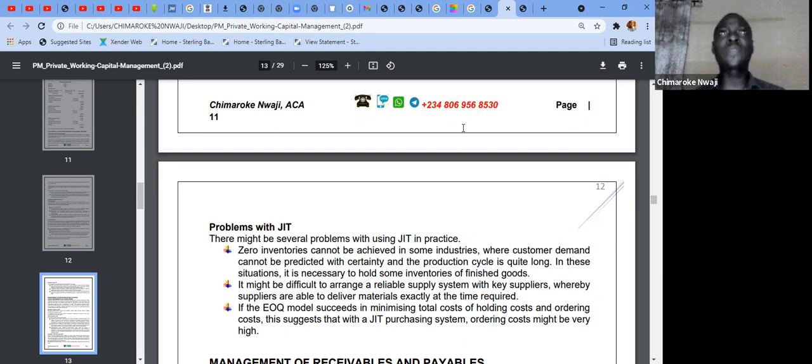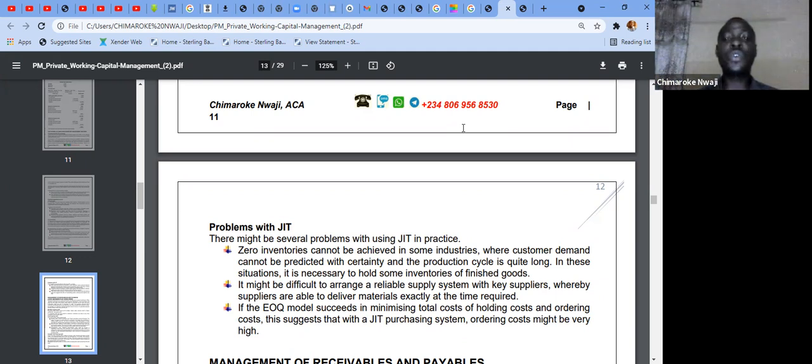But if your order from your customers came late, and your customer told you, okay, by 9 o'clock I need so and so to be done for me by 2 o'clock, and you call your suppliers at 9 o'clock that, please, I need this quantity of supplies, and that is a major period of hold-up, you might find out that you disappoint your customers.